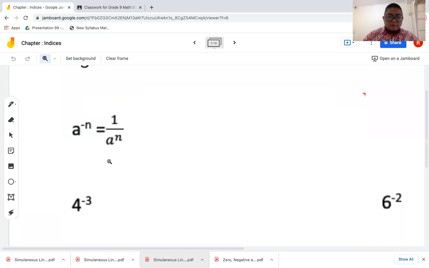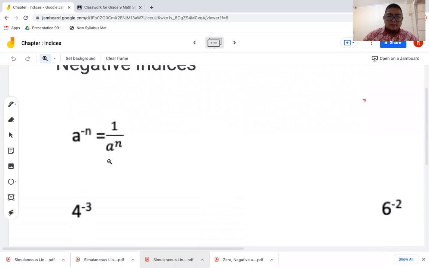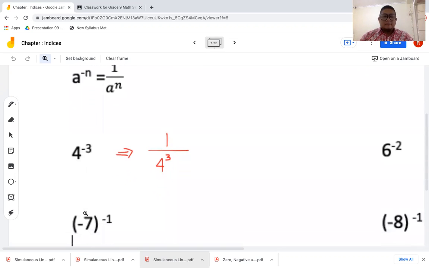If you are going to express 4 raised to negative 3, this will automatically tell us that you are going to write that particular base with a positive exponent as a denominator. If we are going to simplify this, this is going to give us 1 over 64.